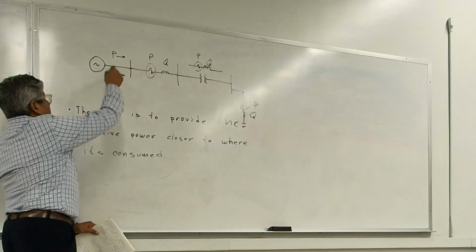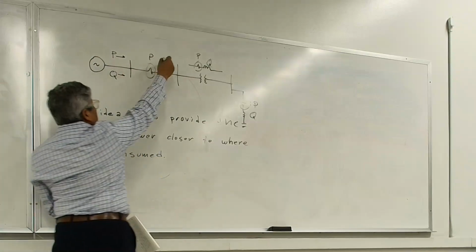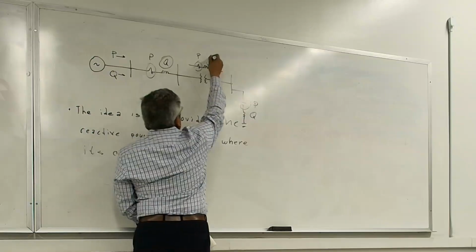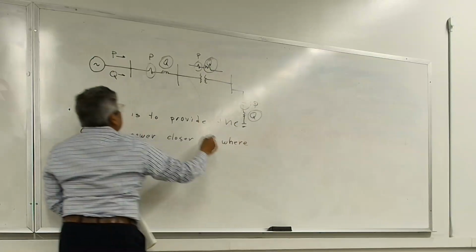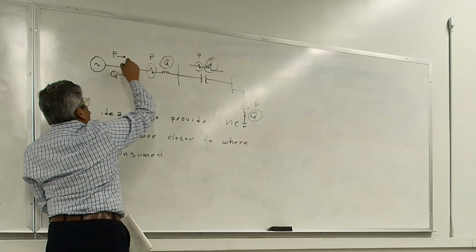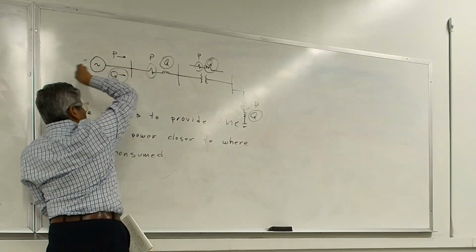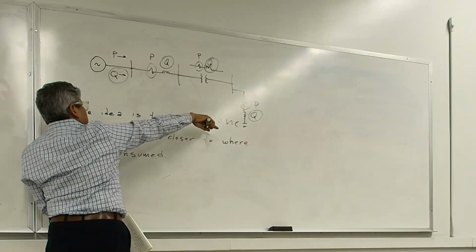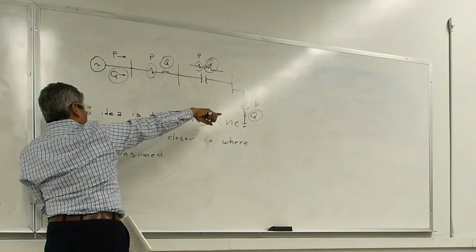Meaning, if I have a demand of reactive power here, here, and here, this is my Q demand that the source is having to provide.